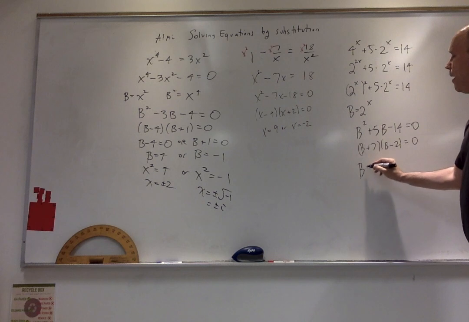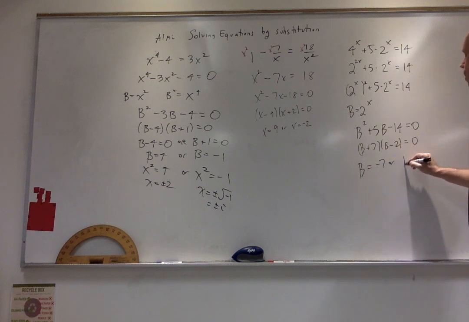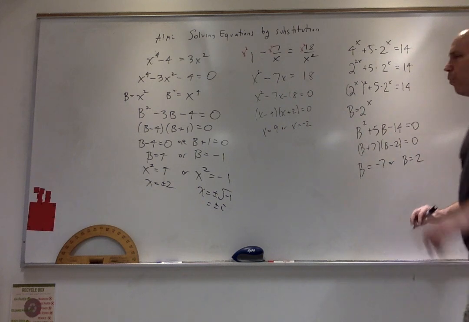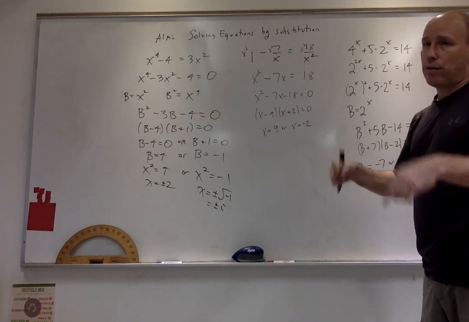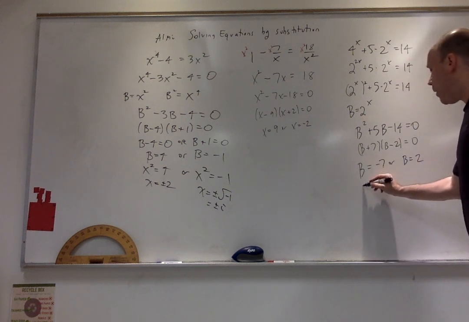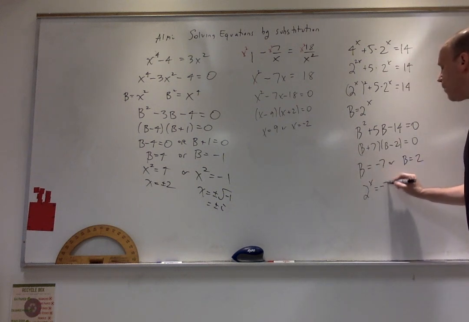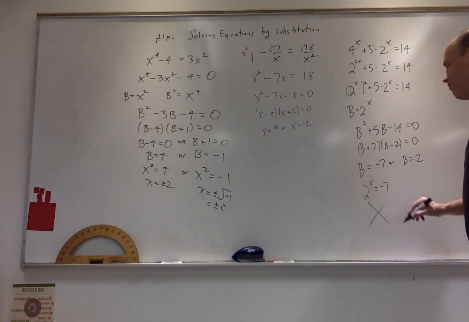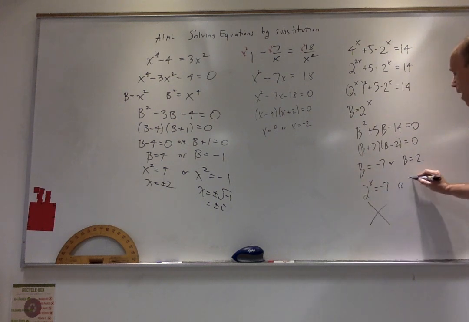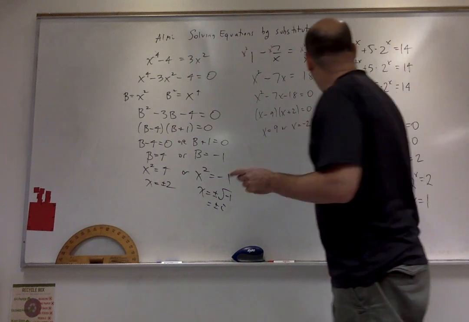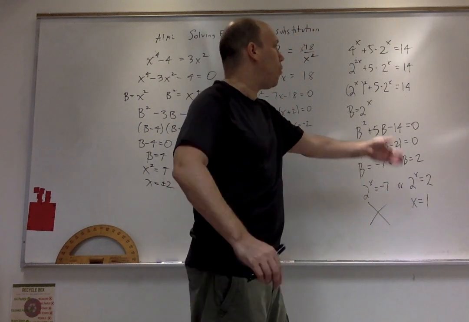We have b equals negative 7 or b equals 2, but we don't want b. Let's go back into the world of x. So 2 to the x equals negative 7, out. Or 2 to the x equals 2, so x equals 1. The answer is x equals 1.